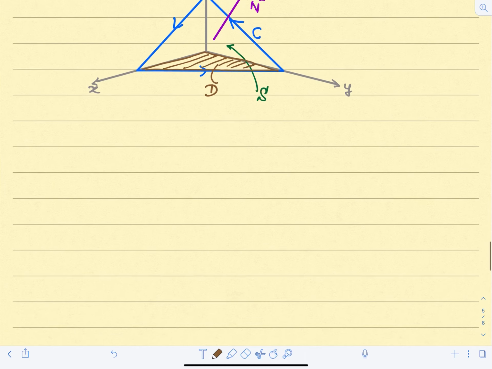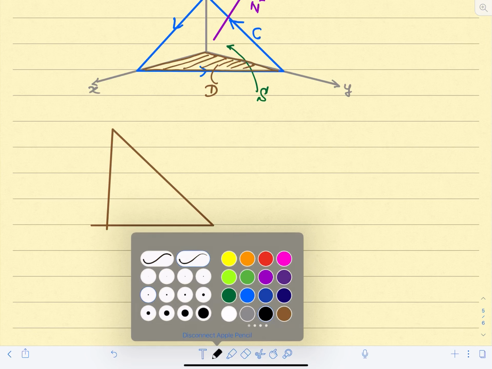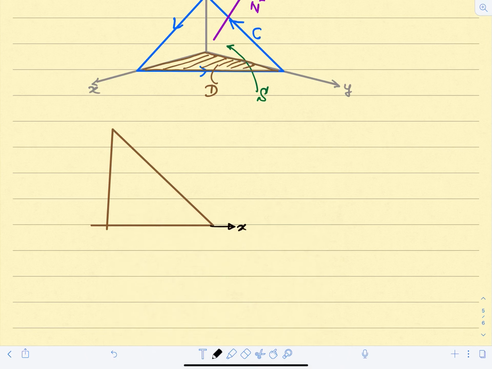So basically you will see something like this. This is the x-axis, that's the y-axis. The equation of this line should be 0 equals 1 minus x minus y, in other words, y equals 1 minus x. So this is your domain D. Let's consider an area element dA.